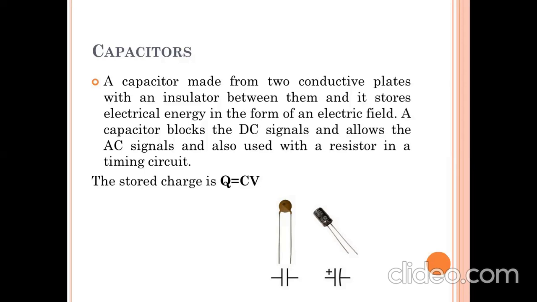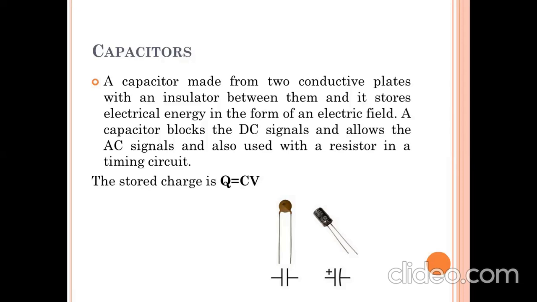As we see that there is a resistor and a resistor provides resistance, similarly, there is a capacitor and it provides capacitance. So the capacitance is the amount of energy which is stored in that capacitor. The higher the capacitance, the more energy it can store.